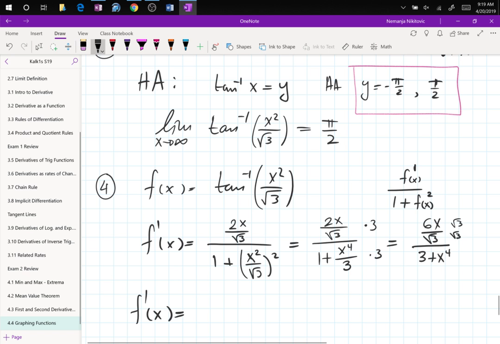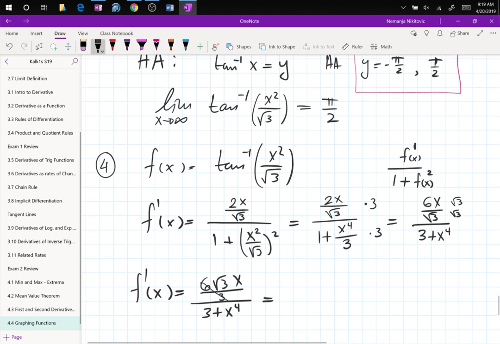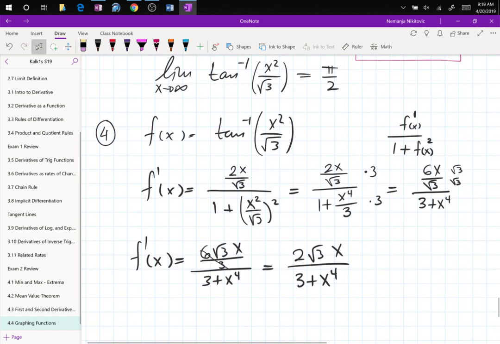So f prime of x is equal to 6 root 3 x divided by 3, divided by 3 plus x to the 4th. Now these cancel. We get 2 root 3 x divided by 3 plus x to the 4th. So that's our first derivative. F prime is equal to 2 root 3 x divided by 3 plus x to the 4th.